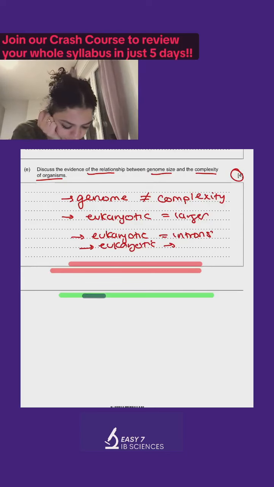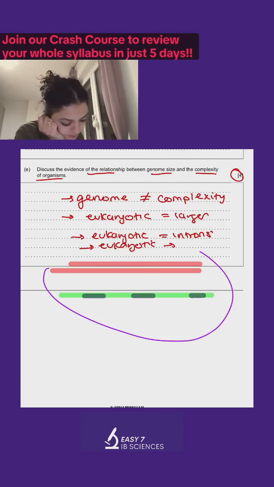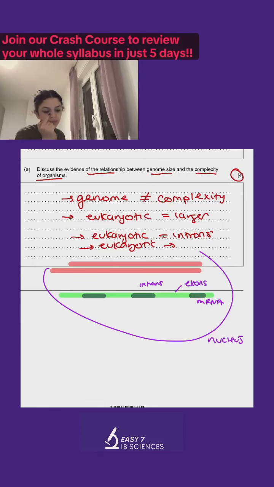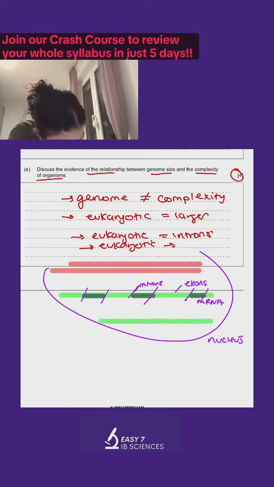You have something called introns and exons. So remember now you're in your nucleus. This is your nucleus. After you've copied your DNA, here is your strand of mRNA. I want you to imagine the green stuff as introns, the dark green stuff, and the light green as exons. What ends up happening is that you have an enzyme that comes here and cuts off all of the introns and removes them from your mRNA molecule. So all you're left with is just exons.